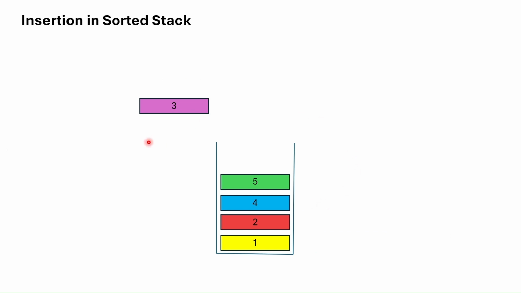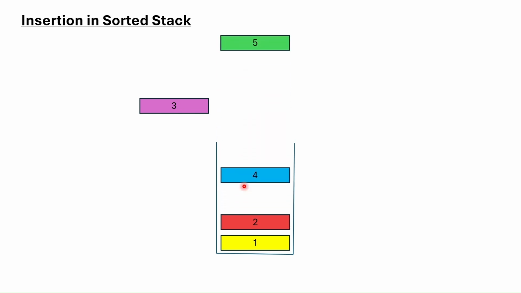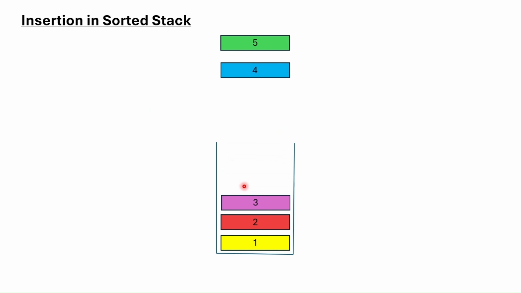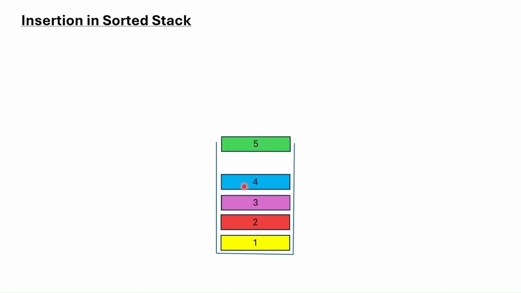So let's now understand how to put this 3 in its correct position, and that is between 2 and 4, through this animation. Put this 3 between 2 and 4. Firstly, we need to pop this 5 out, then pop 4, then push 3, then push 4, and then push 5.